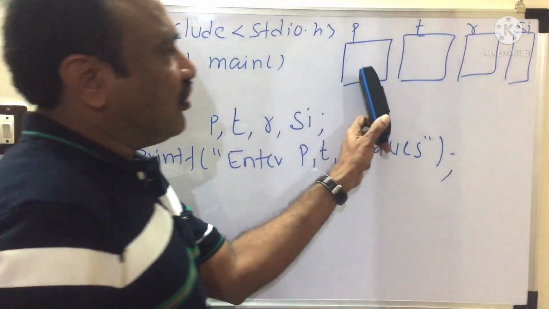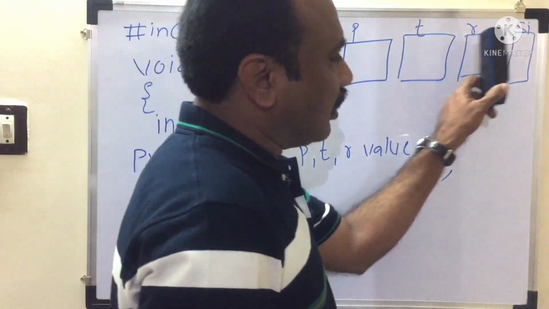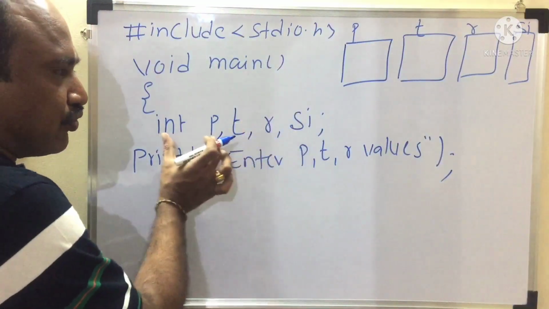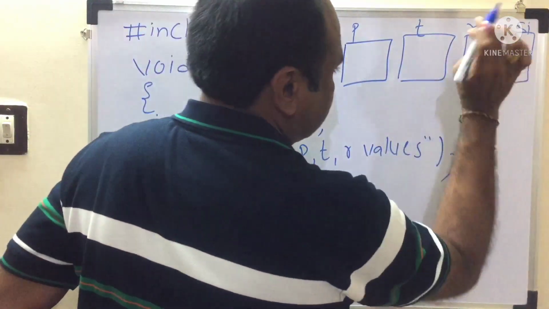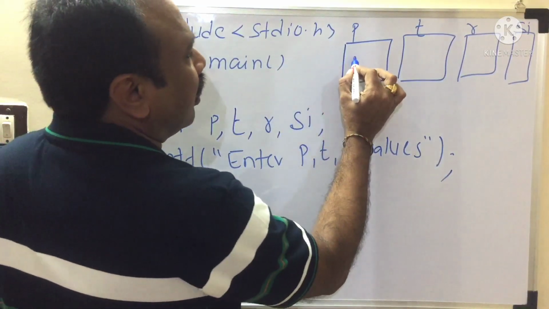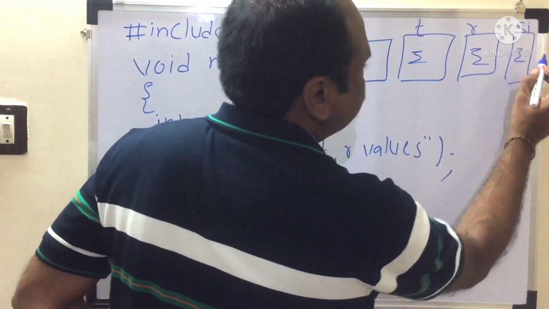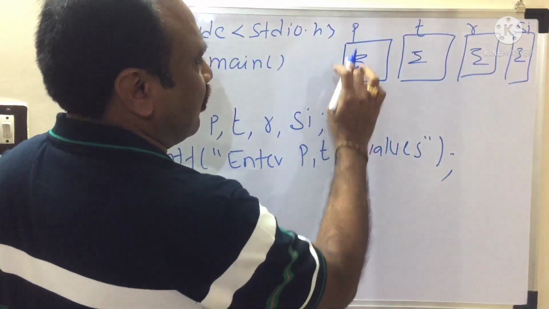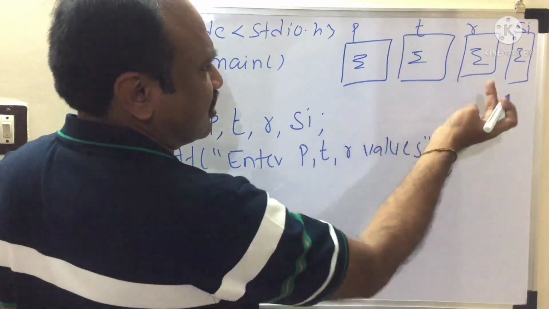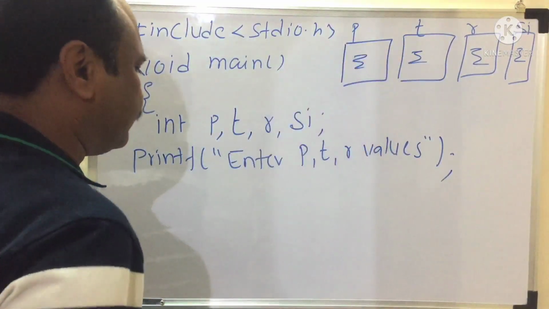We did not store any values under P, T, R and SI initially. I did not store any data so far. Initially, unknown values, garbage values or junk values are stored. Every variable has some address: P has some address, T has some address, R has some address, SI also has some address.